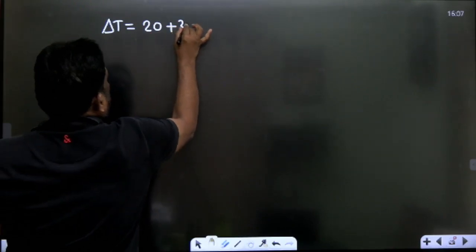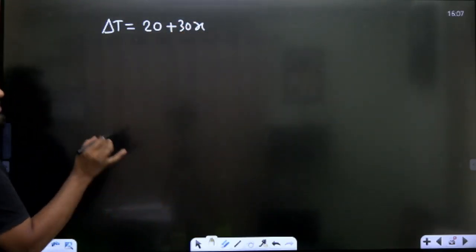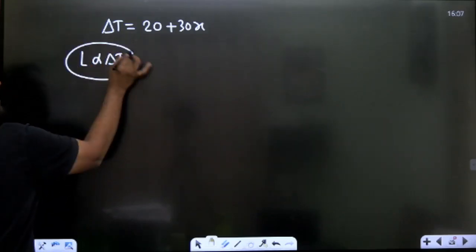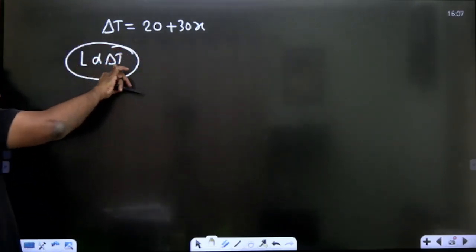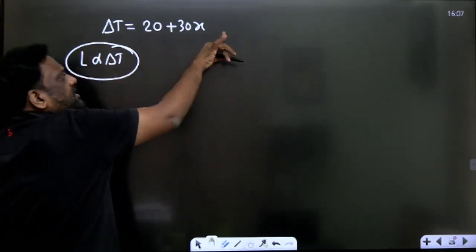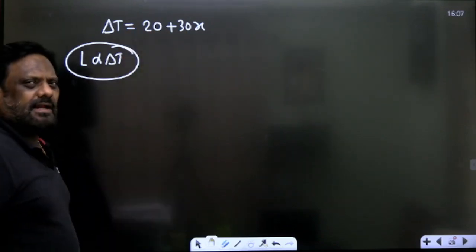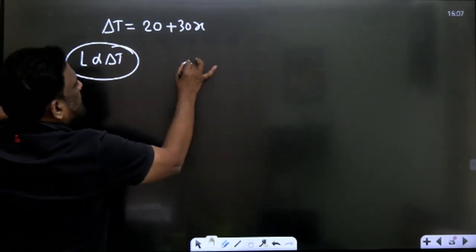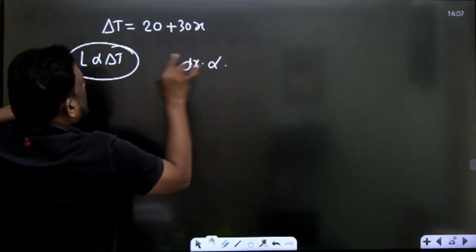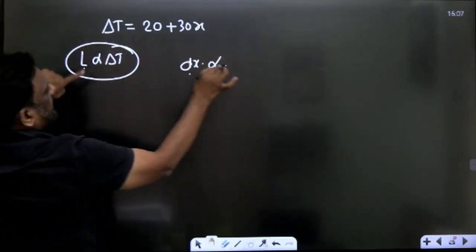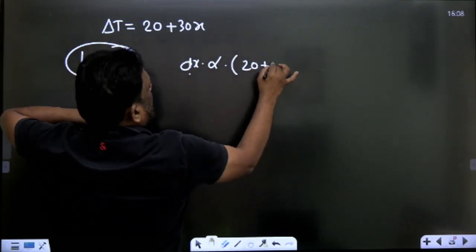What will we do, sir? Again the logic is the same. The expansion is L alpha delta T, this is the free expansion if the temperature is the same throughout a length L. But here the temperature difference is not the same throughout, so first I'll calculate in a small length, my L will become dx, alpha is alpha, and delta T is 20 plus 30x.